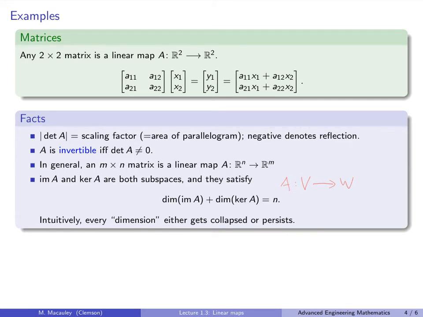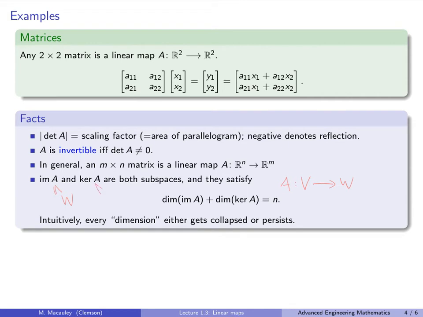Now let's pause for a moment and think about where these things live. So the image of A, that's the range, lies in here. So this is a subspace of W, whereas the kernel of A, this is everything in V that gets mapped to the zero vector.